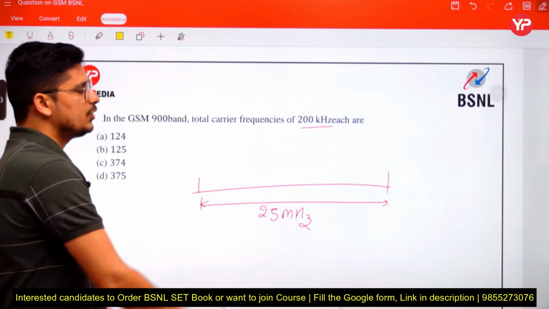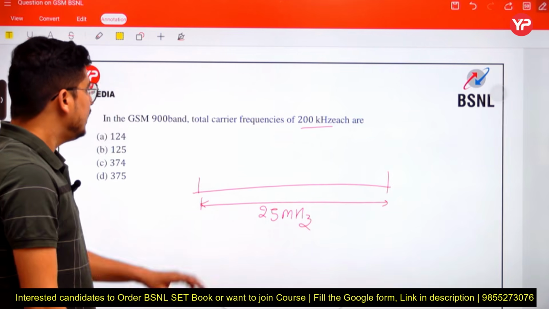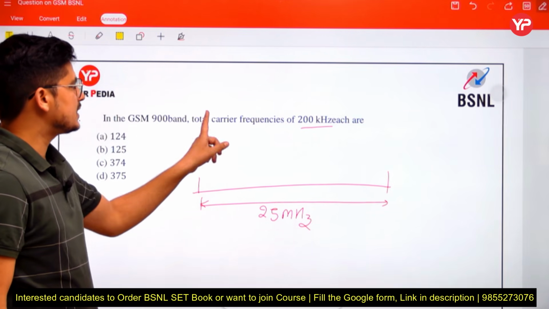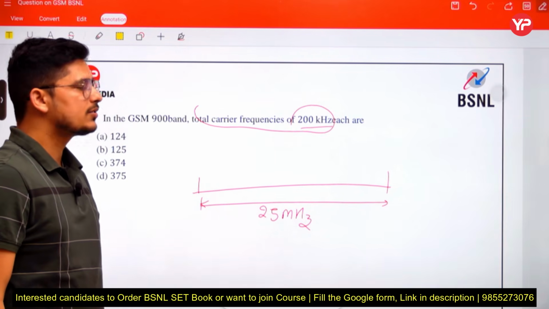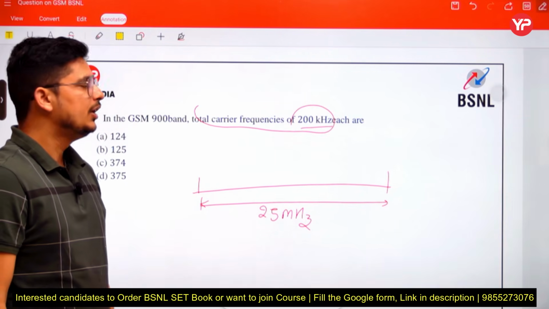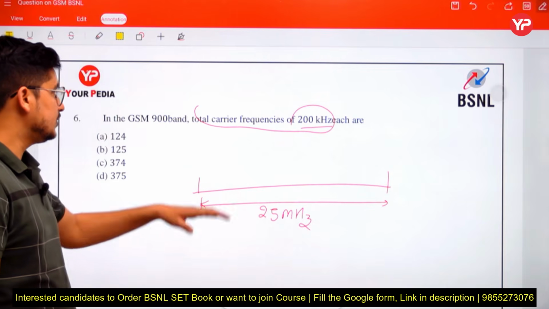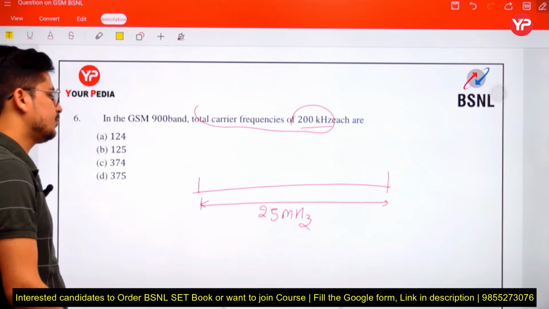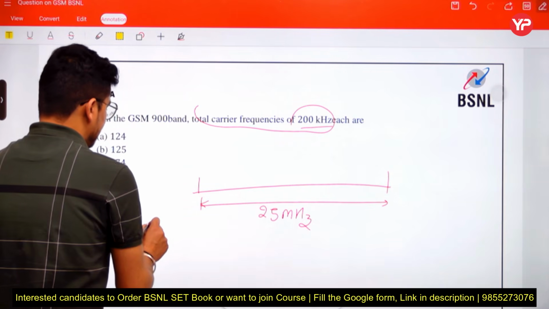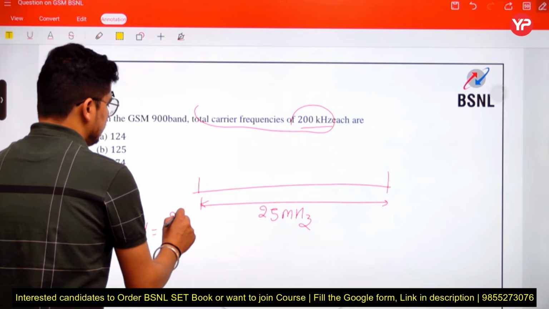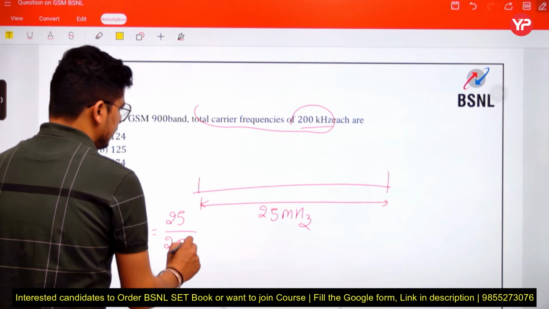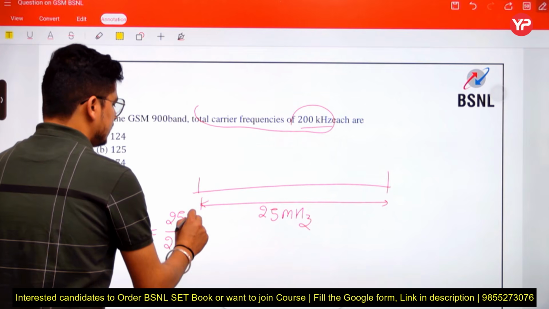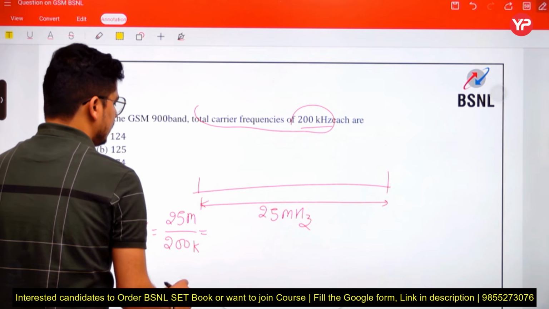We are having a bandwidth of 25 megahertz, and this 25 megahertz bandwidth will be divided into carriers of 200 kilohertz frequency. So he is talking about how many carriers are possible. The total number of carriers possible will be 25 divided by 200, this is in megahertz, this is in kilohertz.